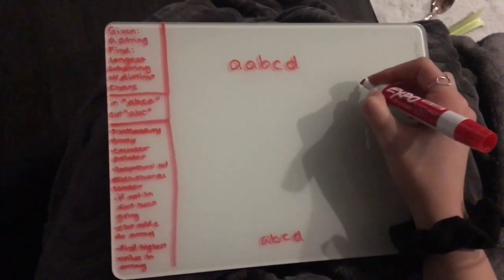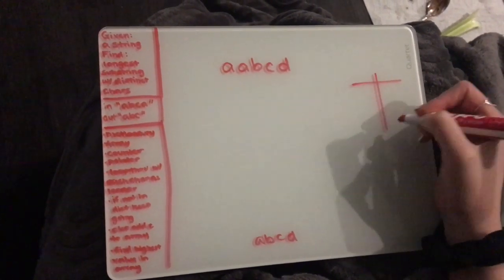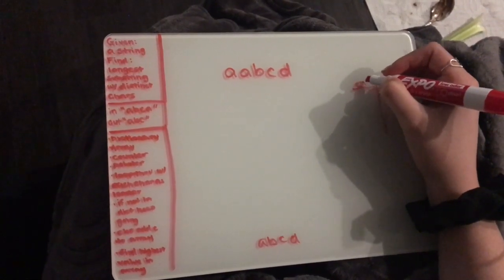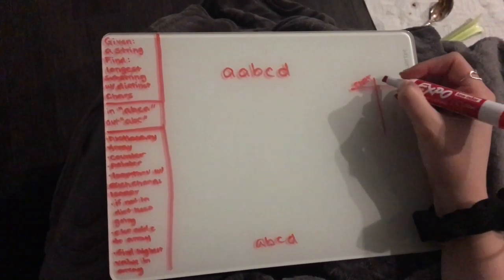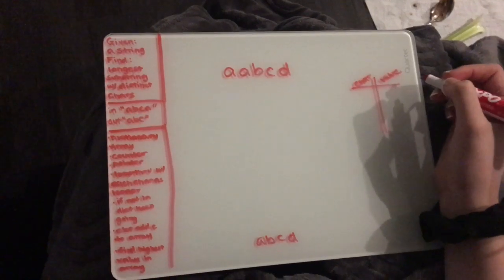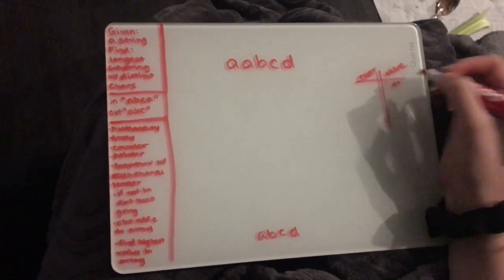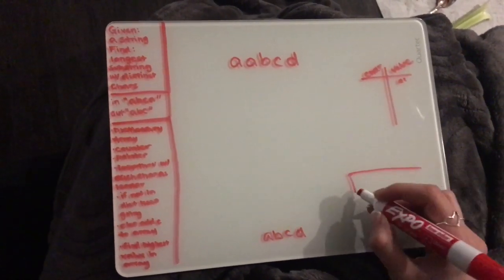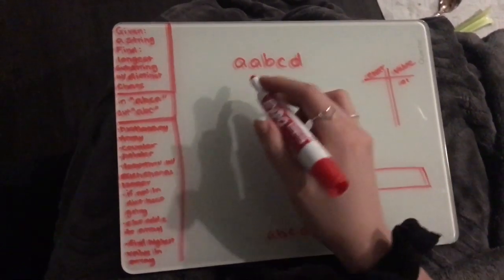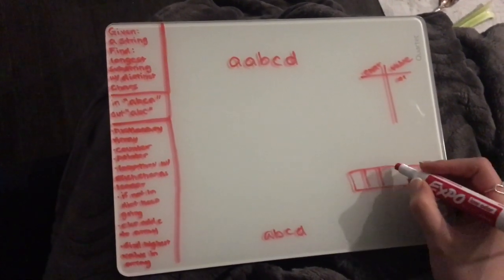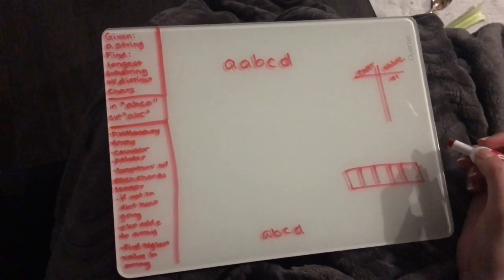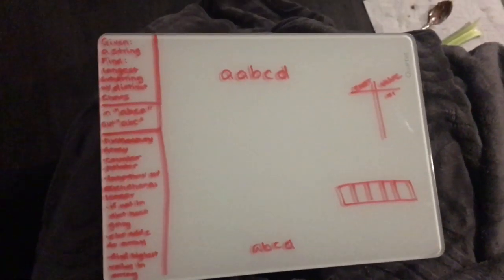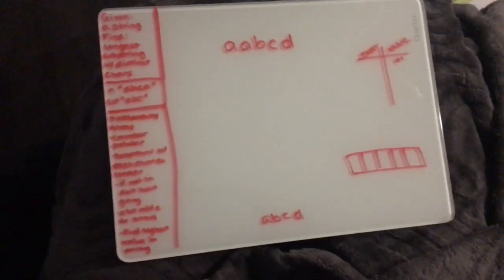So I'm going to create a dictionary where the key is going to be the character and the value is just going to be 0 or 1. We're also going to create an array of the same length, length n, to store the lengths that we find.